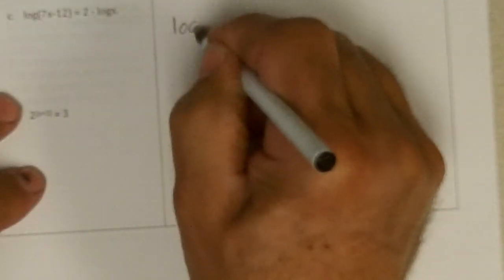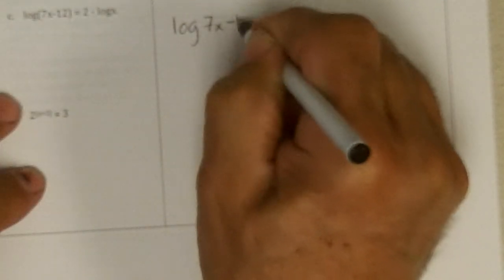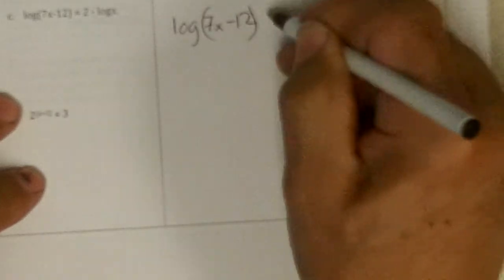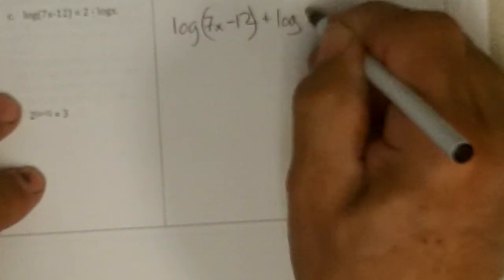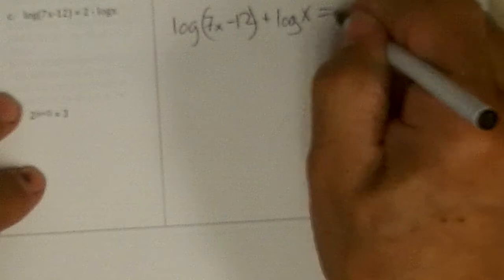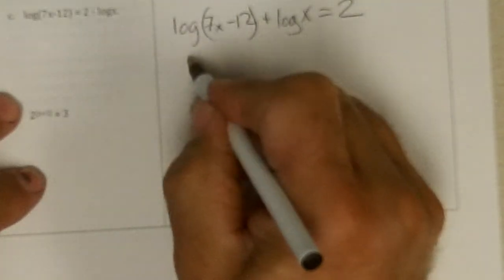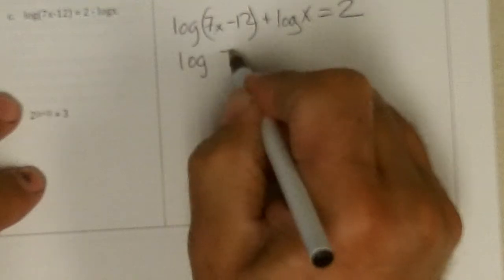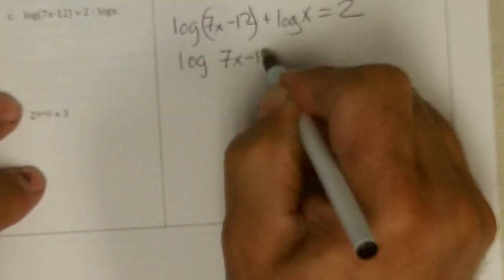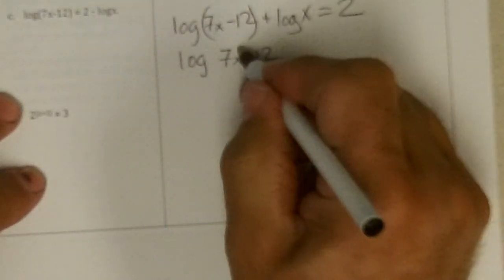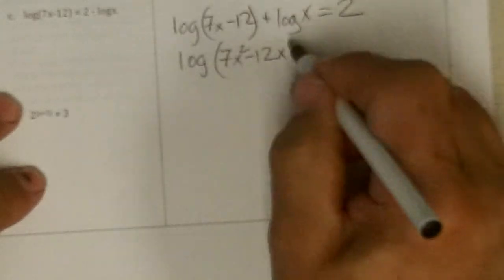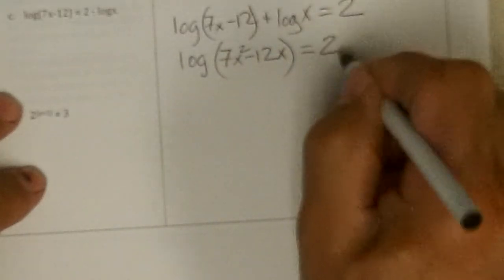This one. So let's take this log over to the other side, so we get log of 7x minus 12 plus log of x equals 2. When it's plus, we multiply, so we get log of 7x minus 12 times x equals 2.